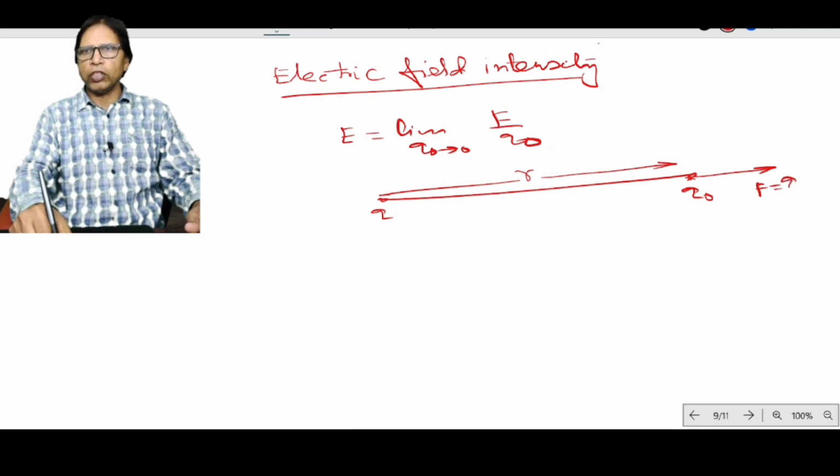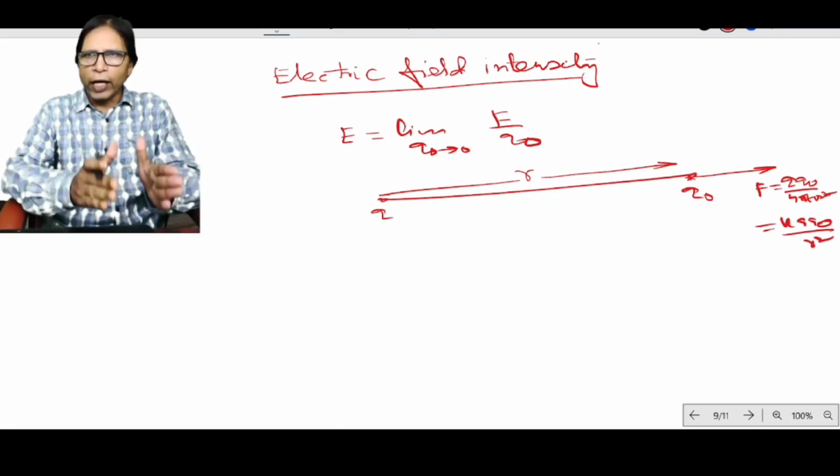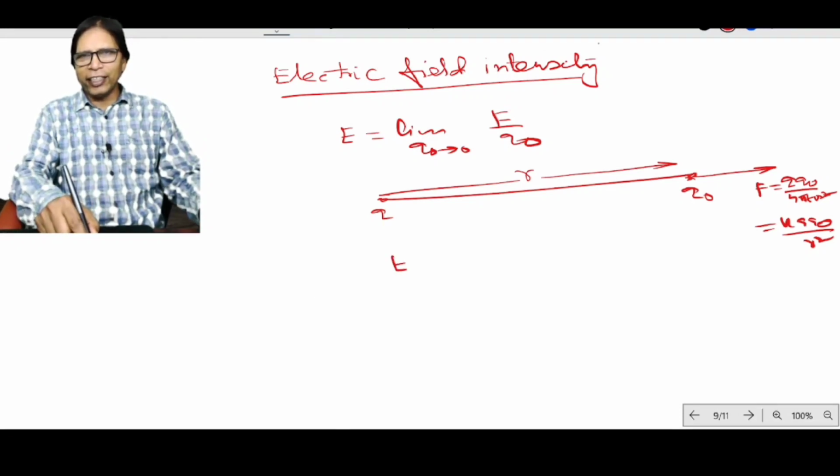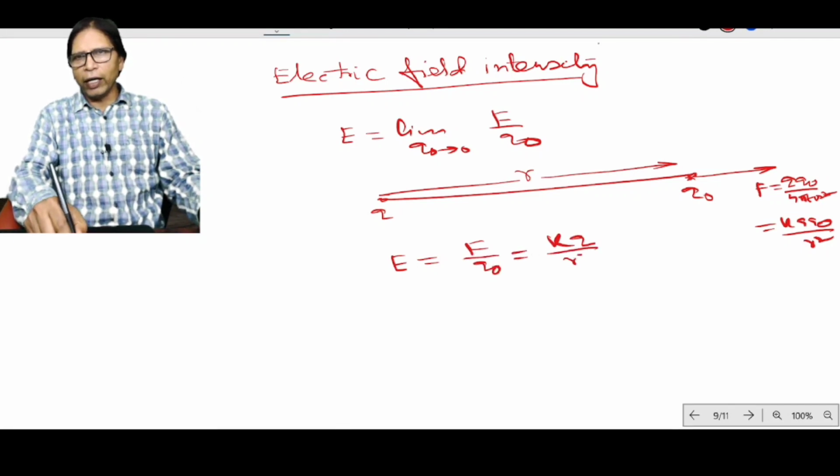This force becomes F equals Q Q naught by 4 pi epsilon naught r square, that is k Q Q naught by r square, where k equals 1 by 4 pi epsilon naught. So electric intensity E equals F by Q naught, which is kQ by r square.